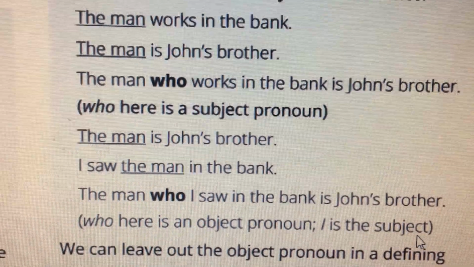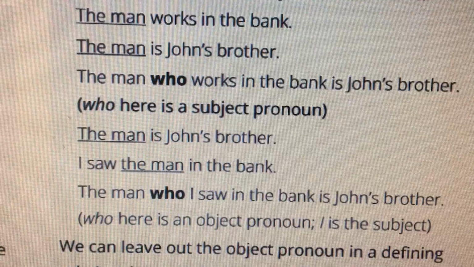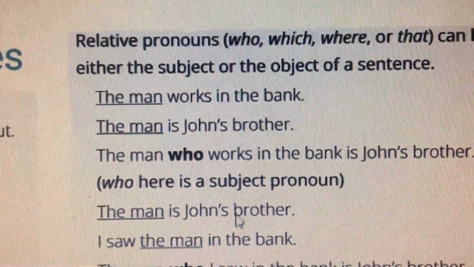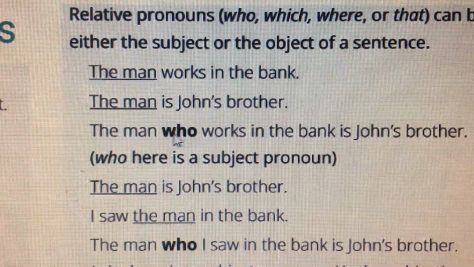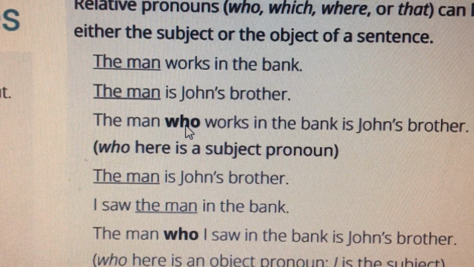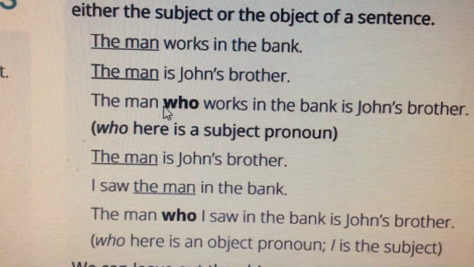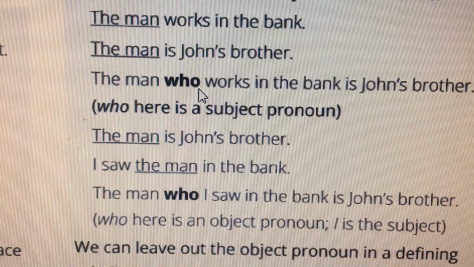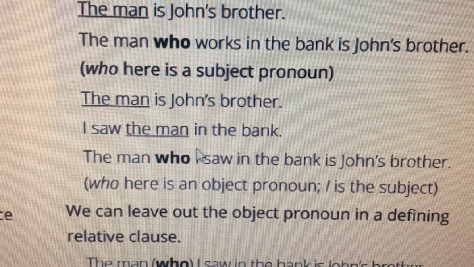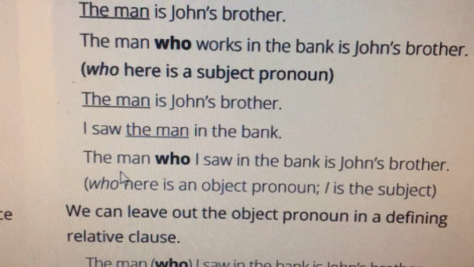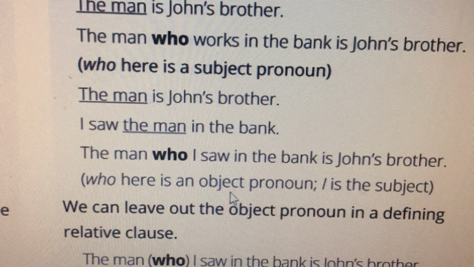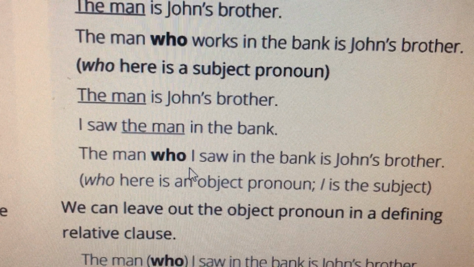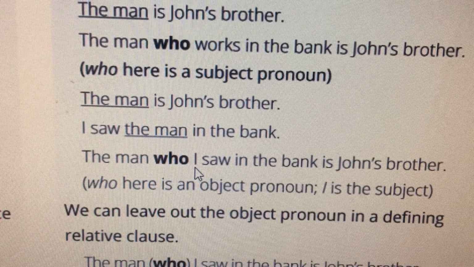I is the subject. Okay. The difference is who here is a subject pronoun. The man who. And who here is an object pronoun. I is the subject. Okay.